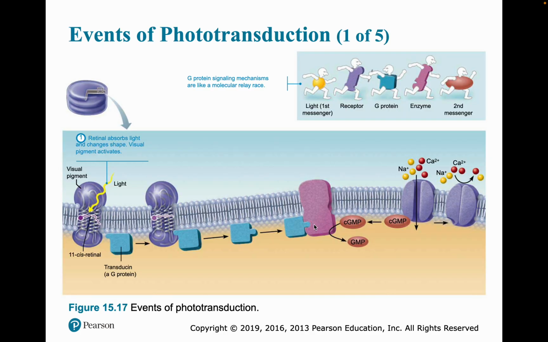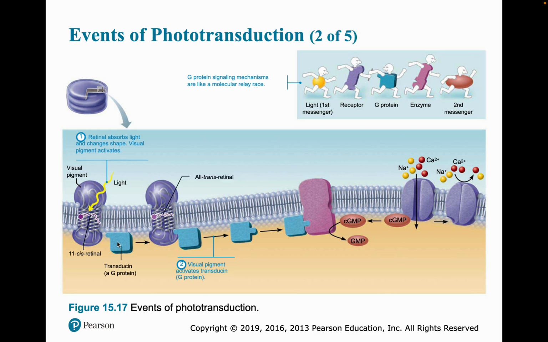So again, retinol absorbs light, that changes its shape, separating the retinol from the opsin. That retinol causes a G protein called transducin to become active.